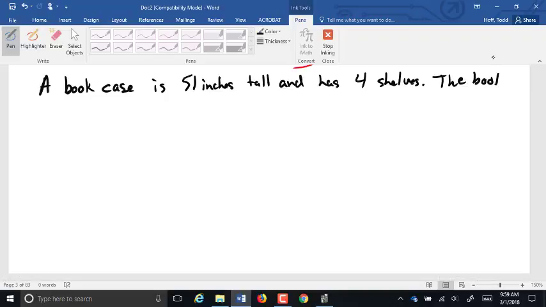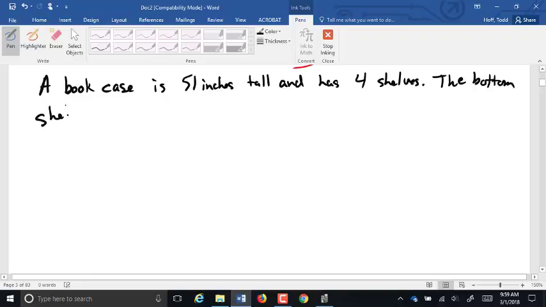The bottom shelf, I cannot spell today. The bottom shelf is 3.5 inches off the floor.